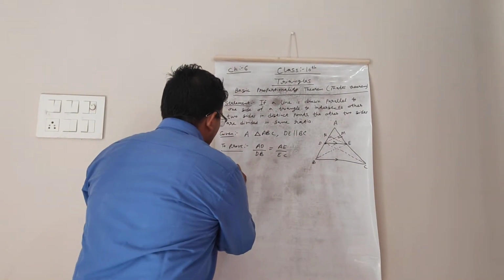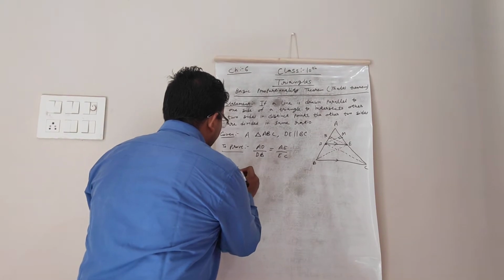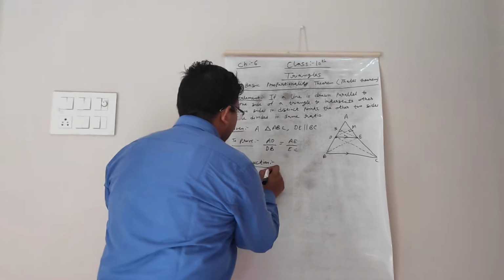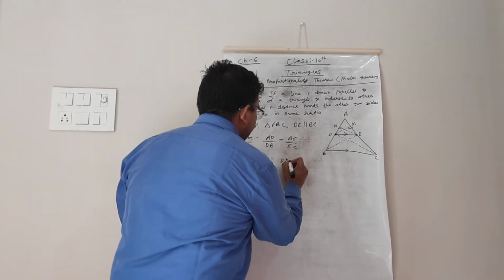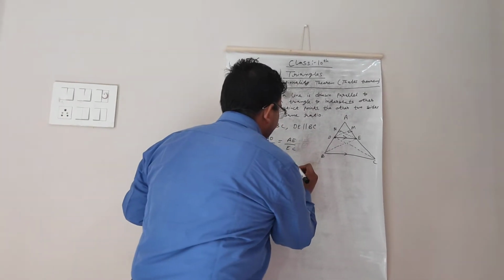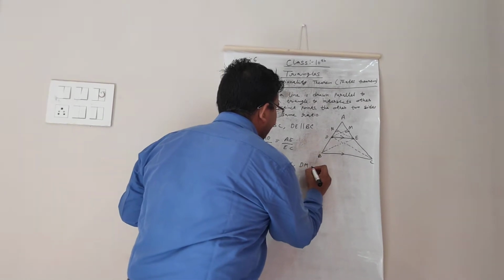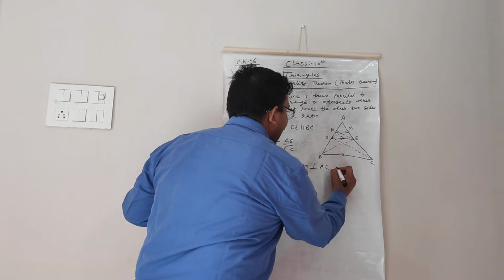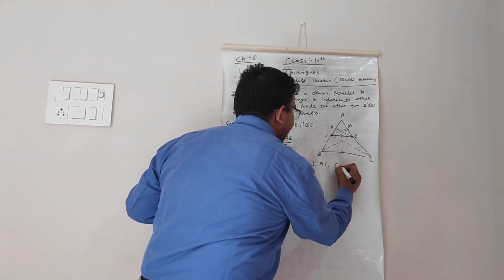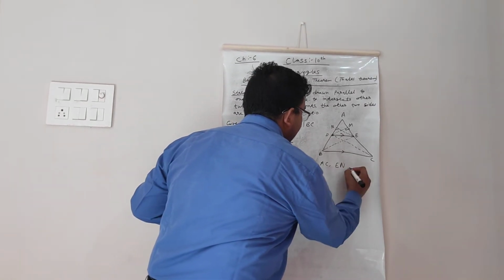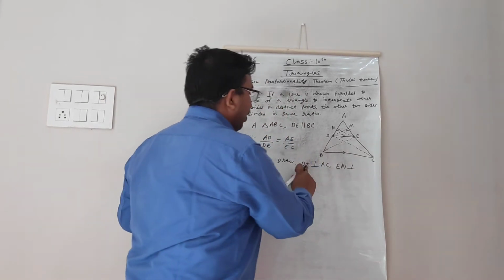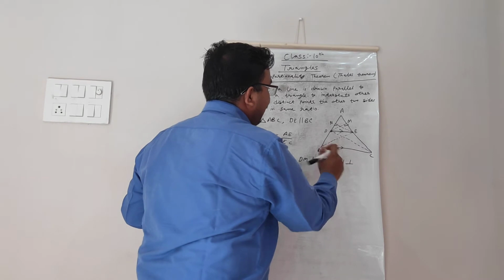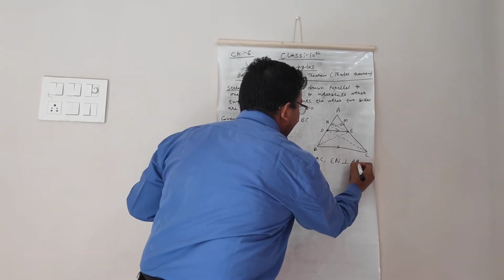The next step to prove any theorem is construction. What construction are we doing here? Draw DM perpendicular to AC and EN perpendicular to AB.